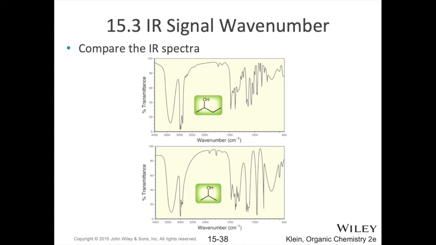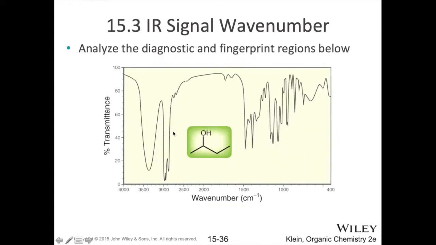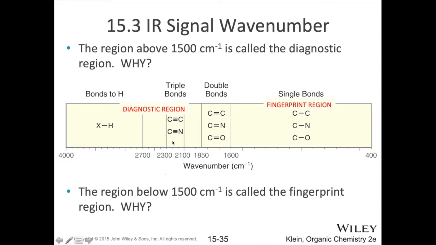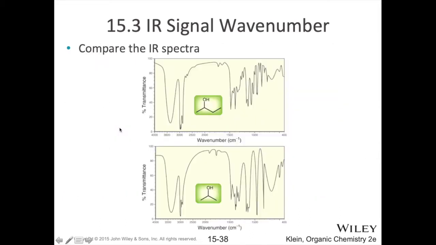But for now, just looking at the wave numbers, you could also figure out that that is our oxygen-hydrogen stretch, because we know that this far downfield, at these higher wave numbers, these peaks have to come from bonds with hydrogen. If we go back to our little template here, we can see that that region is with bonds to hydrogen.